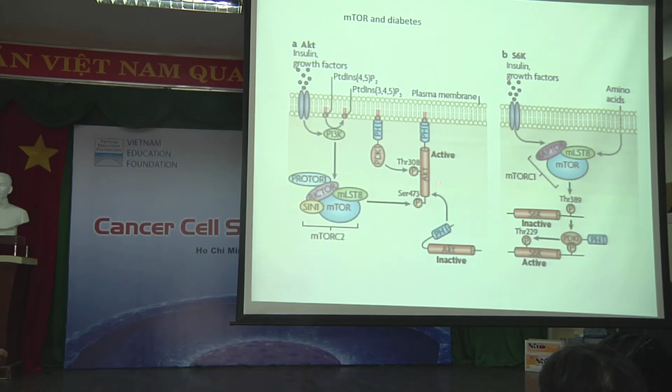The mTORC2 complex is able to phosphorylate serine 473, making this originally inactive form of AKT become active. Once AKT is activated, it allows glucose to be taken up. Okay, so that's our normal regulation.